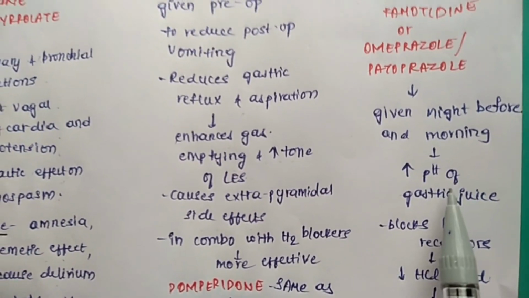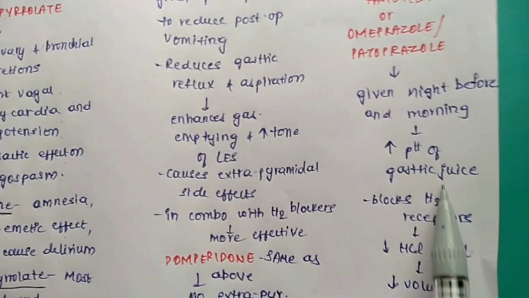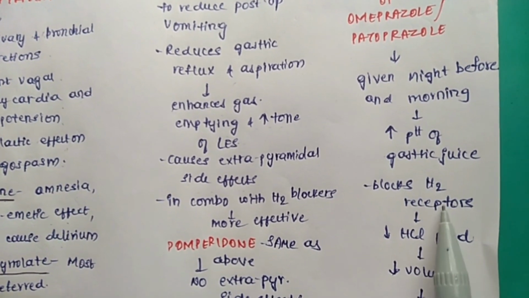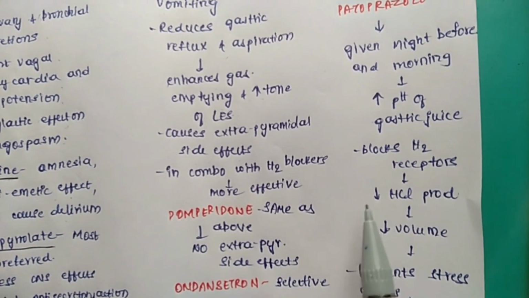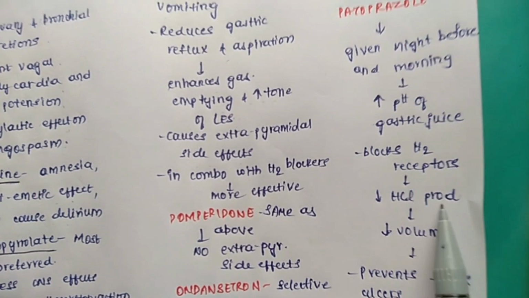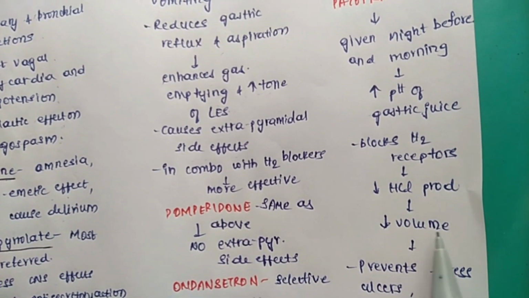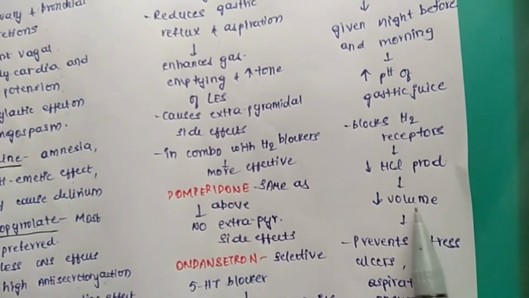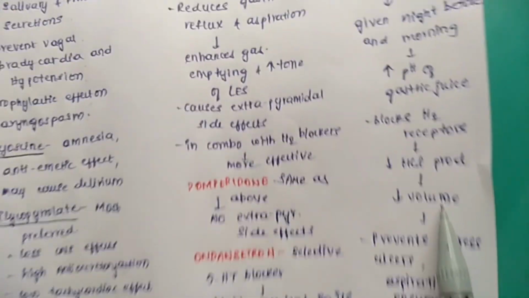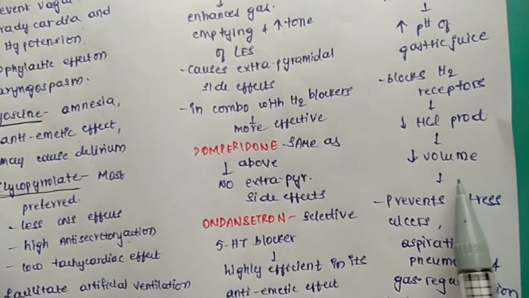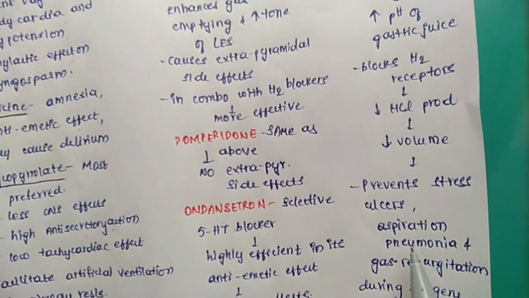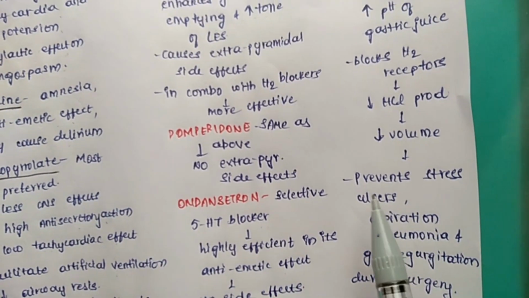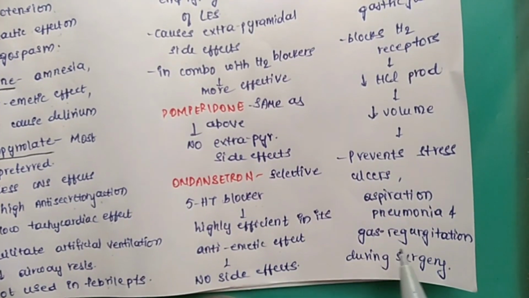They increase the pH of the gastric juice. Besides, they block the H2 receptors or the histamine receptors and they decrease the HCl production in the stomach so that the volume of the gastric juice is decreased. When the volume of the gastric juice is decreased, there will be lesser chances of producing the gastric aspiration and aspiration pneumonia and stress ulcers during the surgery.